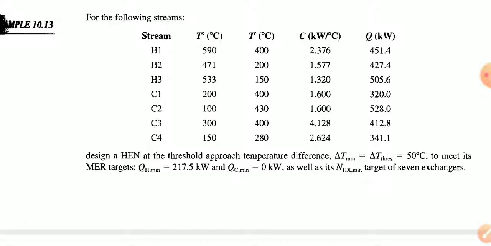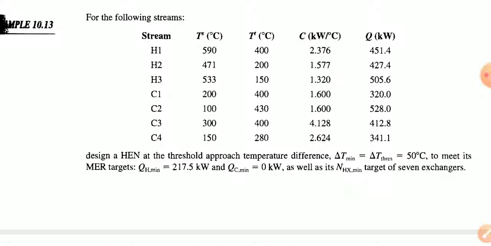Okay. So design a heat exchanger network at the threshold approach temperature difference, where delta T minimum is equal to delta T threshold, equal to 50 degrees Celsius, to meet its maximum energy requirement.